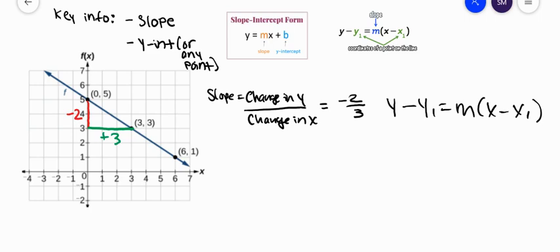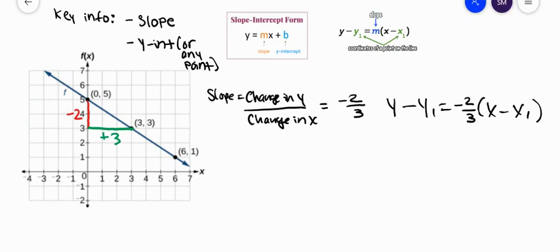M is my slope, which I just found to be -2/3. I'm going to subtract from y the y coordinate of a point on the graph. You can use any point you want, but I'm going to use (6, 1).